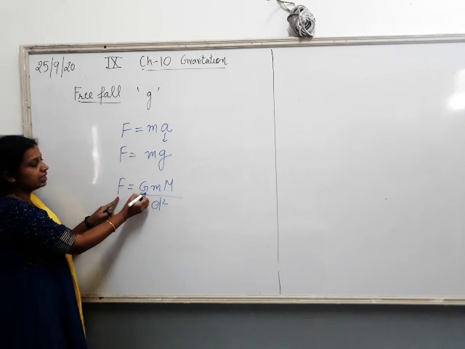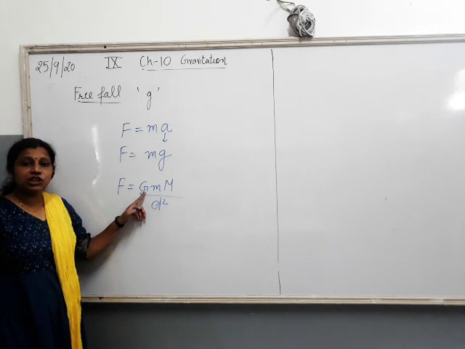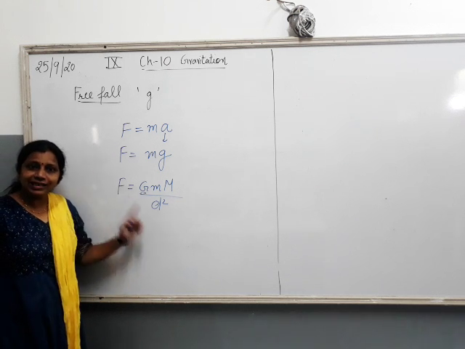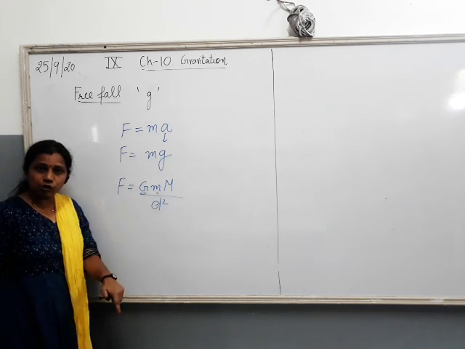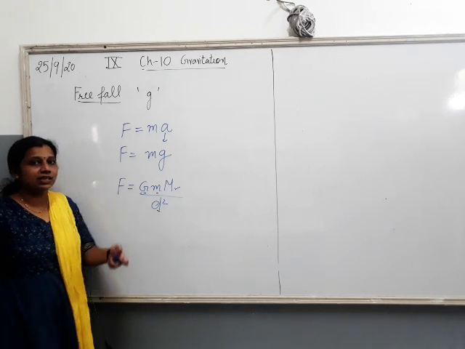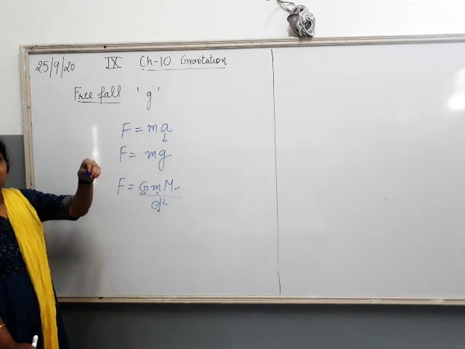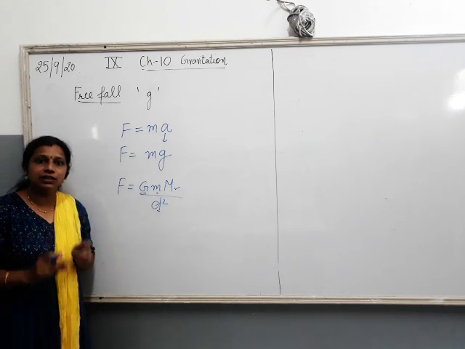Here capital G is the universal gravitation constant, whose value is the same everywhere in the universe. Small m is the mass of the object, big M is the mass of the Earth, and d is the distance between this object and the Earth's center, or you can approximate that as the radius of the Earth.